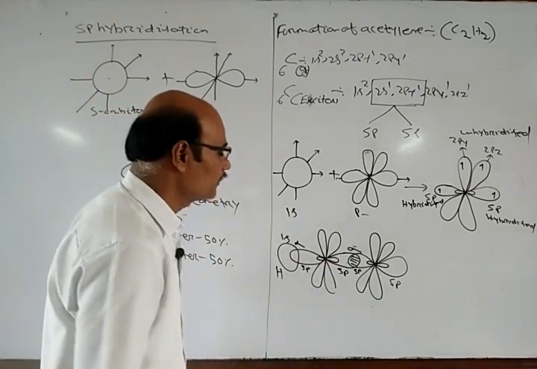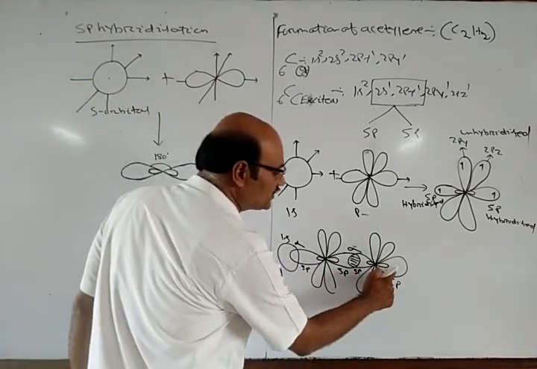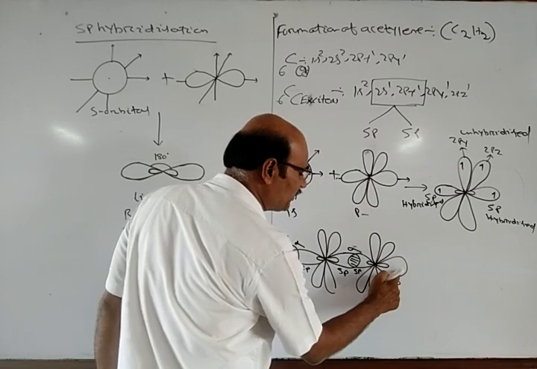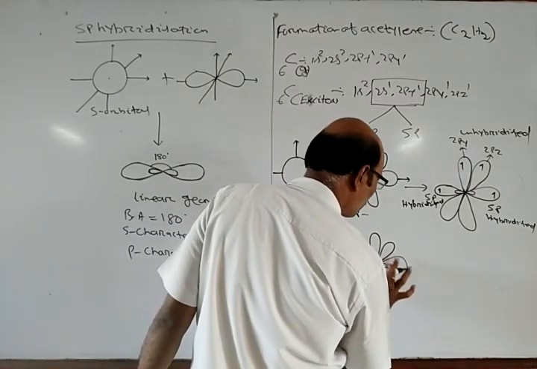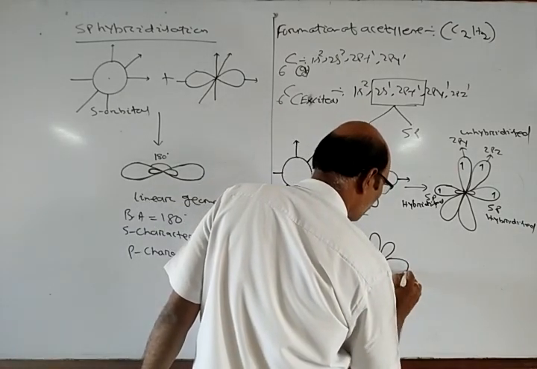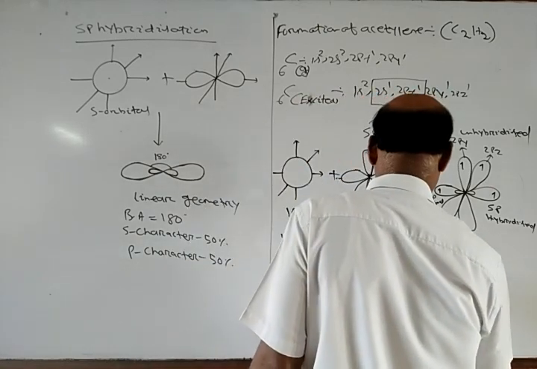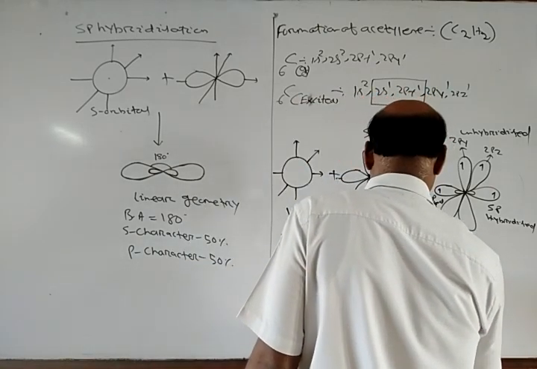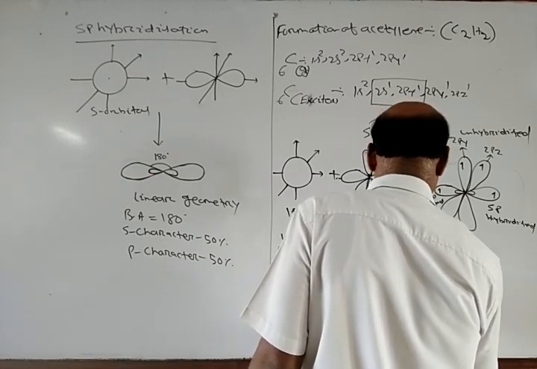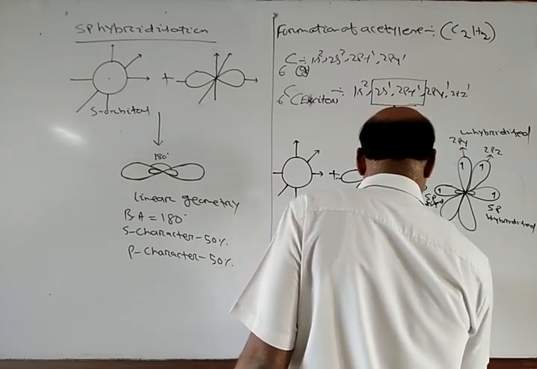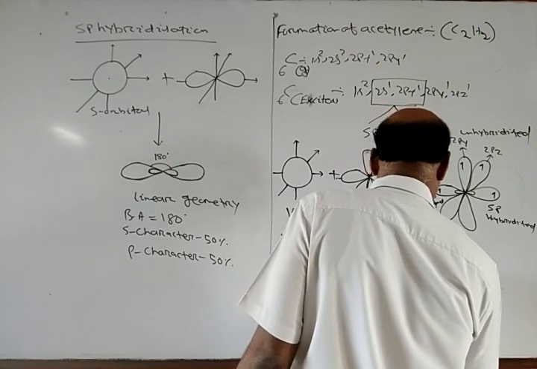Here again, another sp of the other carbon forms one sigma bond with the 1s of one hydrogen atom.